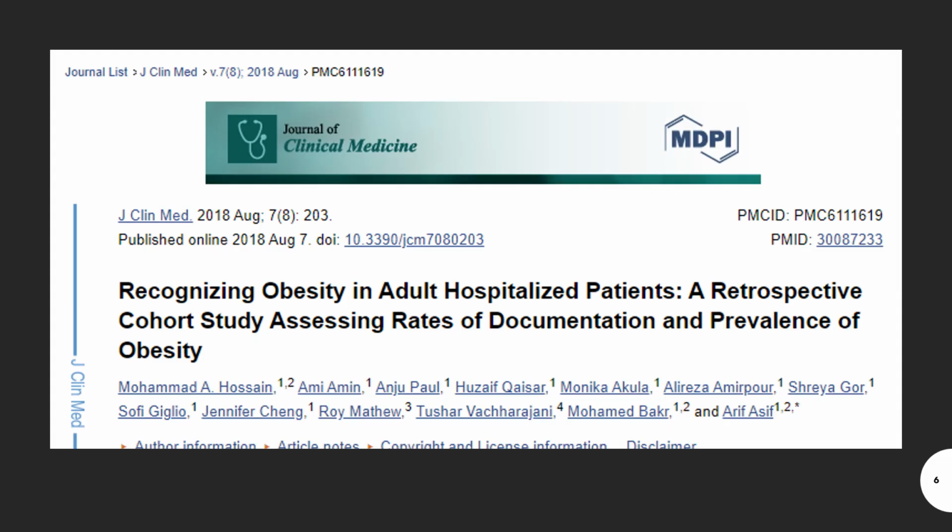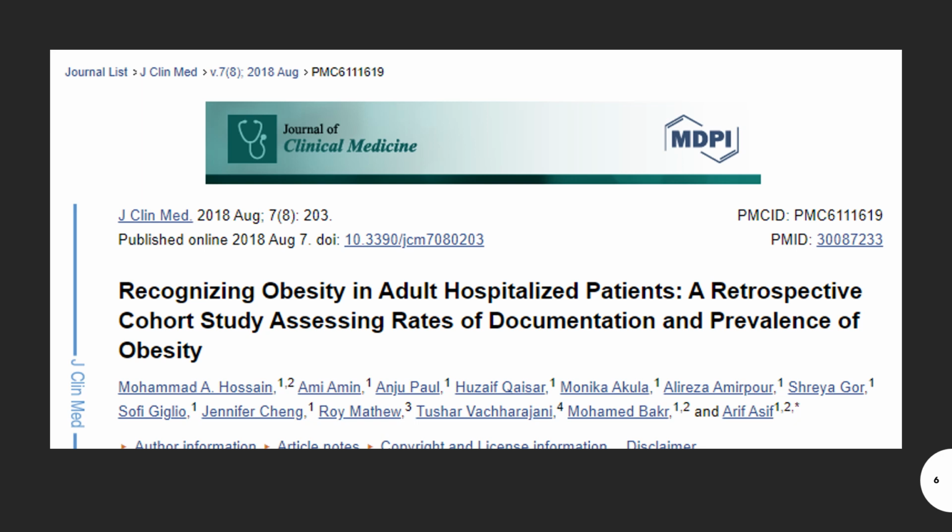I wanted to bring to your attention a study that was conducted in 2018 at Jersey Shore University Medical Center, which is in Neptune, New Jersey. What they wanted to see, of a certain number of patients admitted to the hospital over a given period of time, was how many of them were obese, and more importantly, what kind of comorbidities they had.